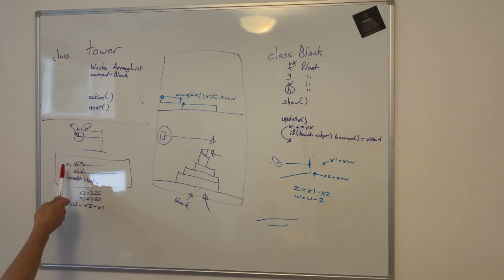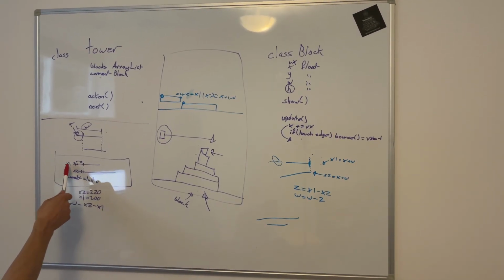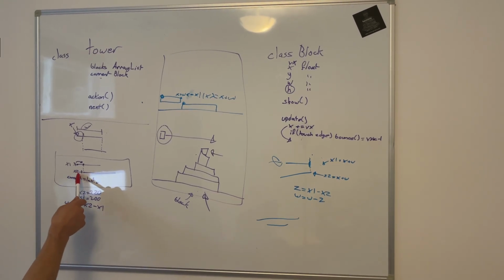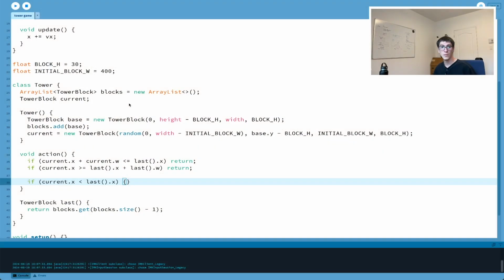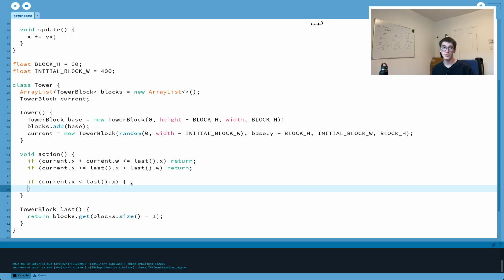Okay, there you go. So we have x1 being the current x, and this one is the last x. So it's smaller. So what we need to do, like we said, is get the difference.